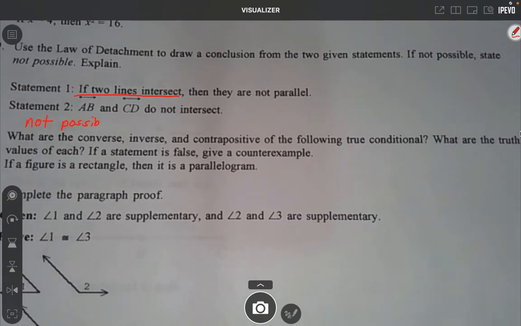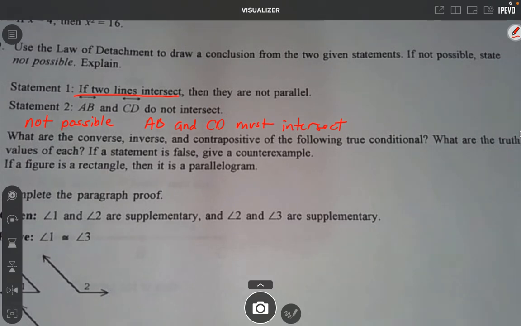You can say the hypothesis doesn't match, or you can say AB and CD must intersect. Some type of explanation. Does everybody understand that? It's just using the law of detachment.